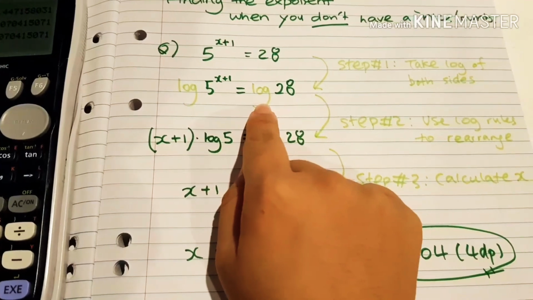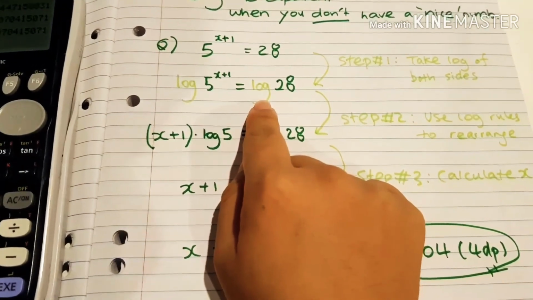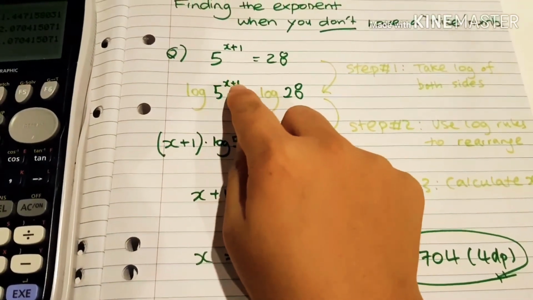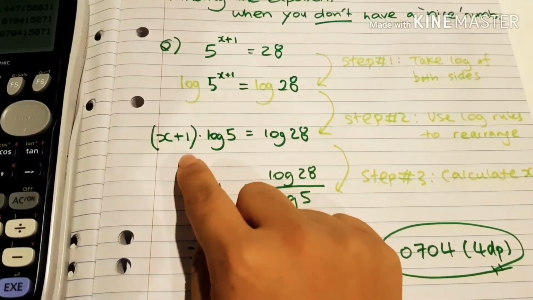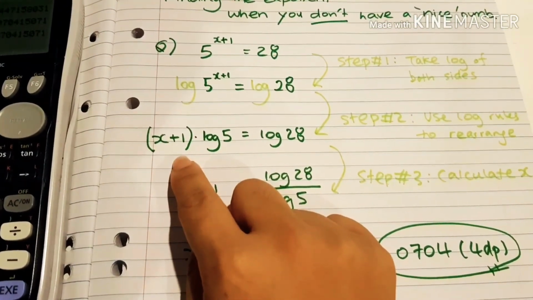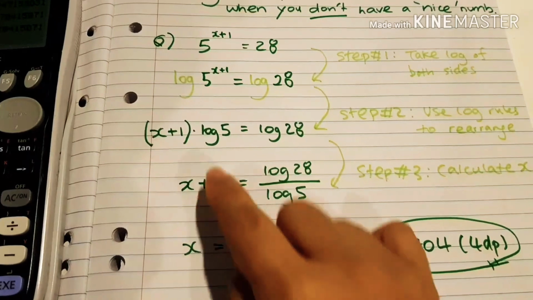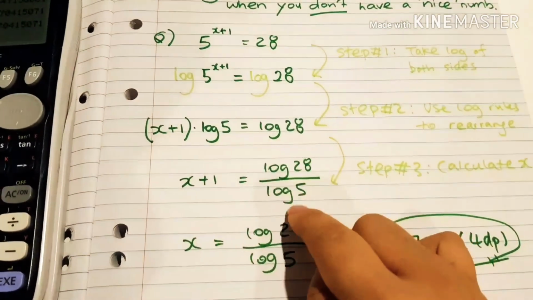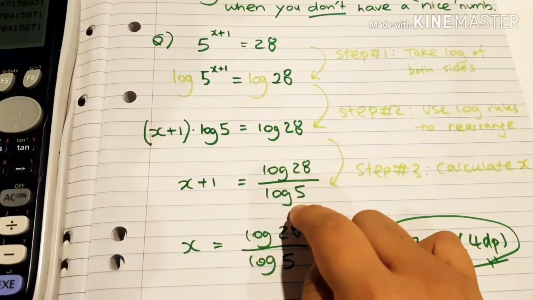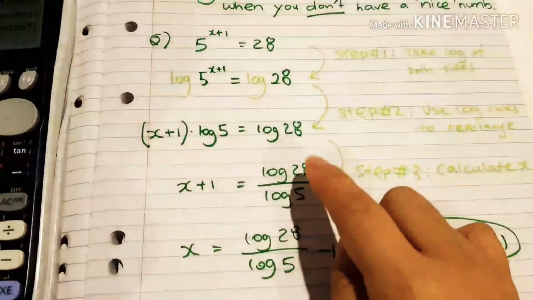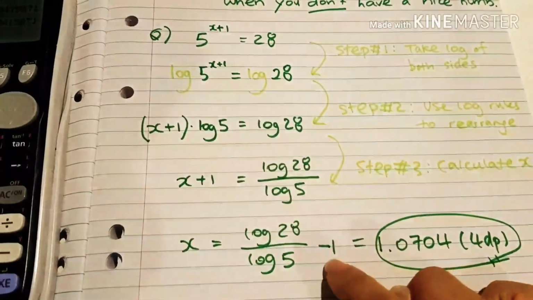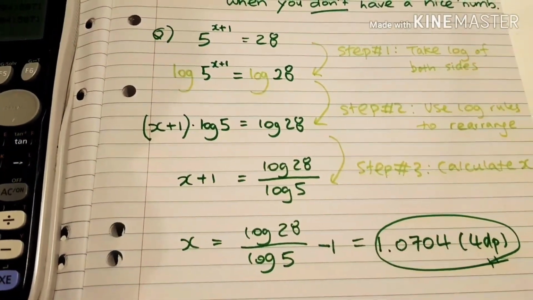The reason to do this is to use the log rule. I'm going to pull the power down. I'm going to isolate x to find the solution. Therefore I'm sending log 5 over and dividing. And finally minus 1 to get the final solution.